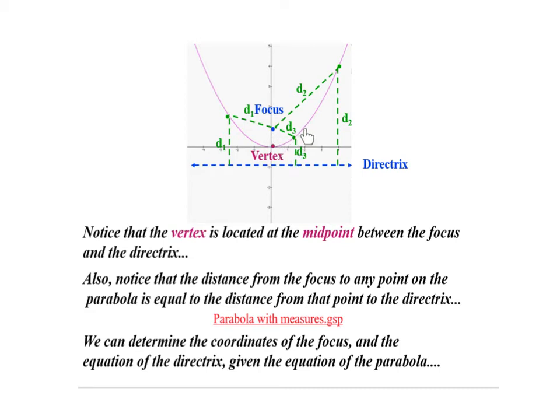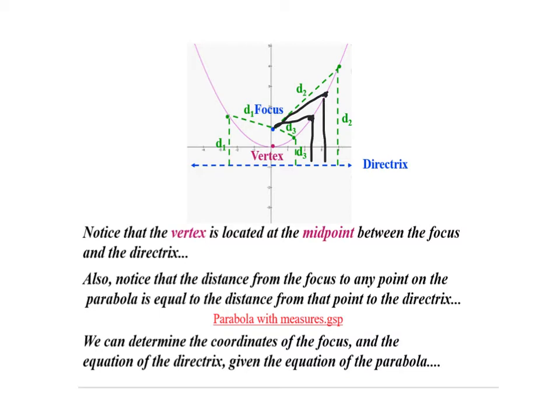So anywhere I go along this parabola, I should be able to put a point, and that distance from the point to the focus and the point to the directrix should be exactly the same length. So this is what happens when we are drawing the parabola from the focus and the directrix.